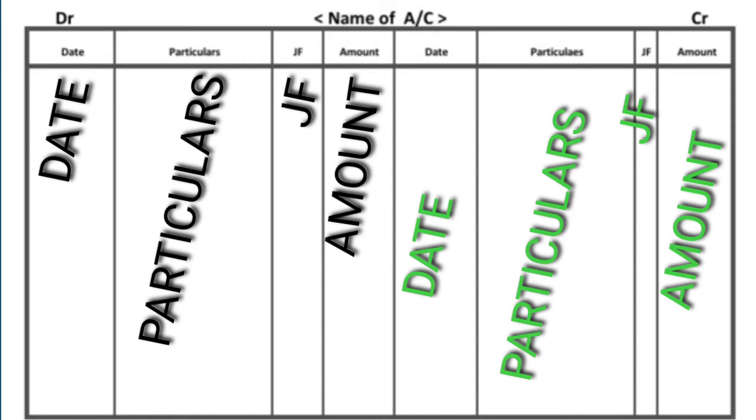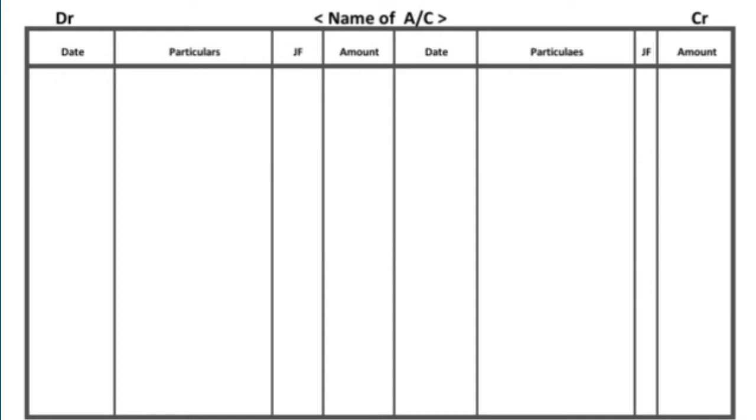This is the format of the ledger account. And one more thing: whatever we write in the debit side, we start with 'To', and whatever we write in the credit side, we start with 'By'. Debit balance starts with 'To' and credit balance starts with 'By'.